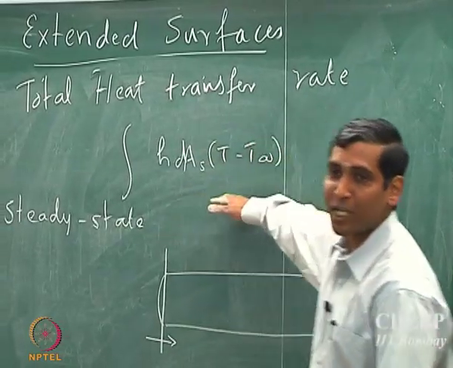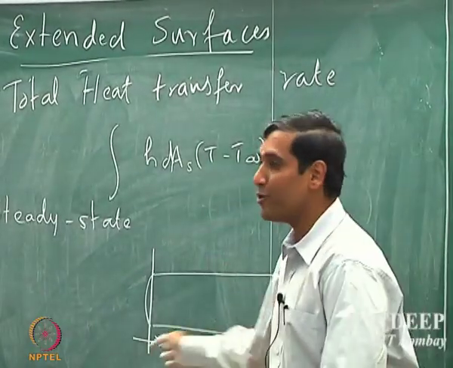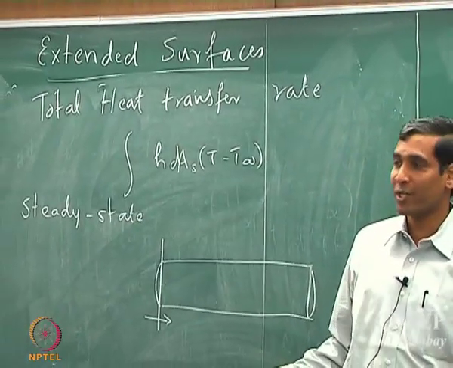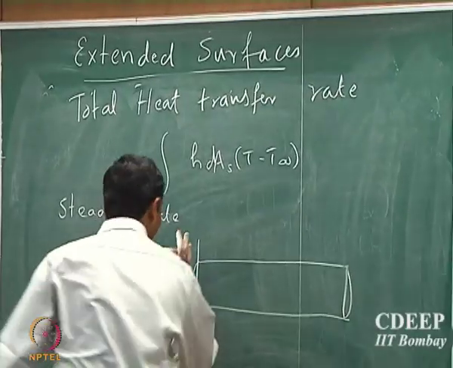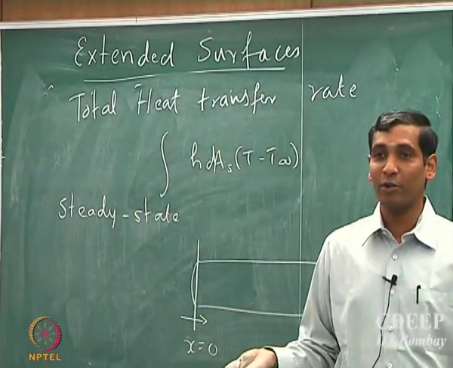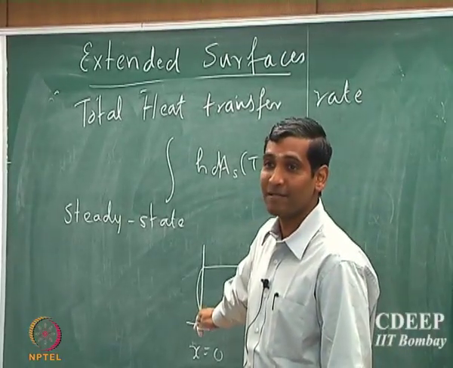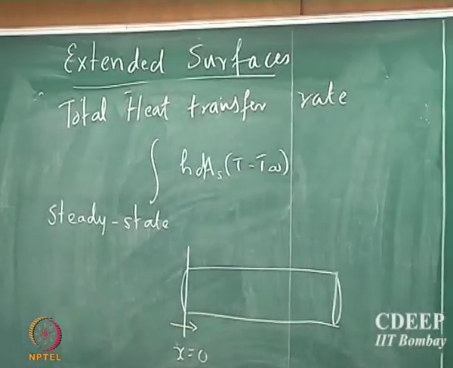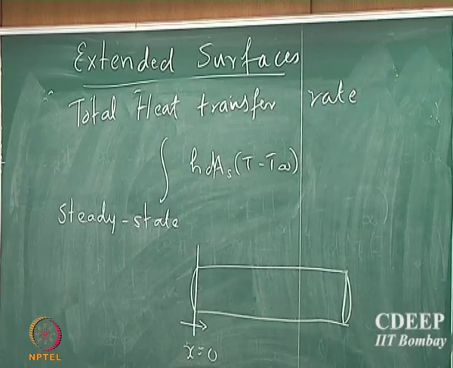So, in order to satisfy the assumption that we made that it is under steady state conditions, an intuitive way to find the total amount of heat transfer is what is the amount of heat that is actually transferred from the base to the fin at x equal to 0. And in fact, if you integrate, you will find that it will be exactly the same. Okay, and that will give you the expression.